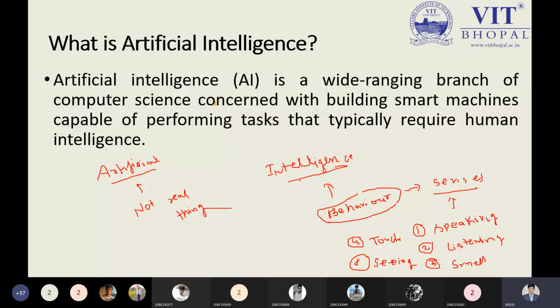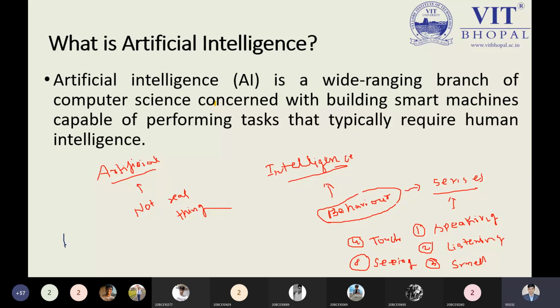So artificial intelligence is basically the study of the subject of computer science in which we understand how a machine will become intelligent. So let me write this term for you, so you can easily understand.